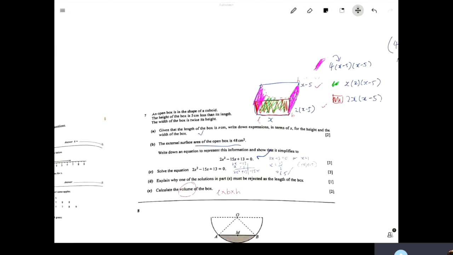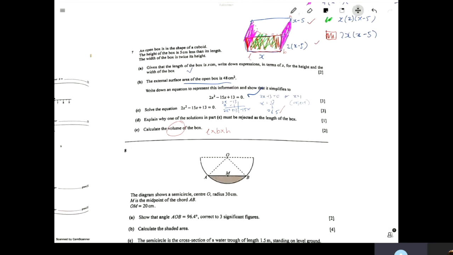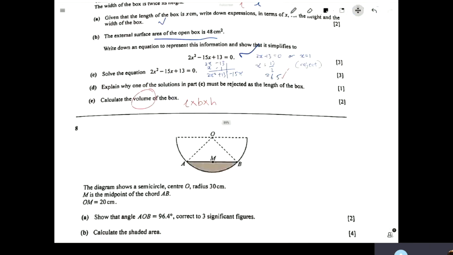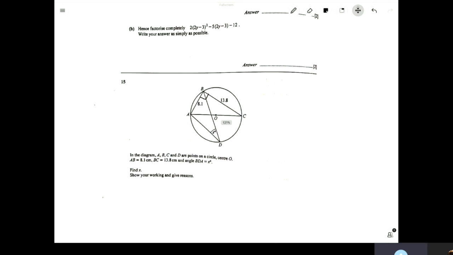Statistics. Let me check. Okay, so we did question 7. This is the Pythagoras theorem, also never asked. How does it look?